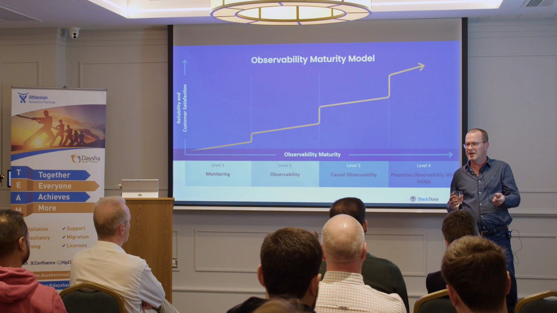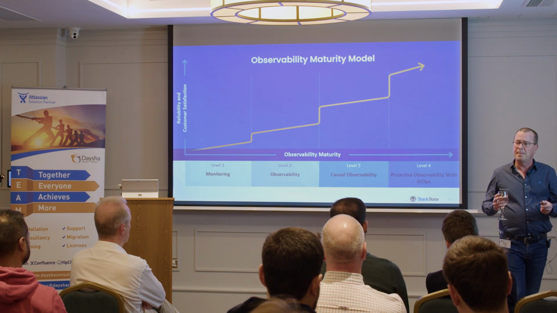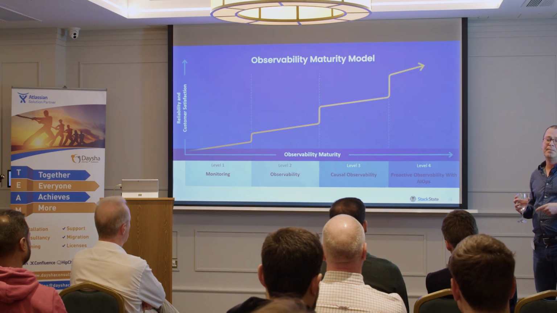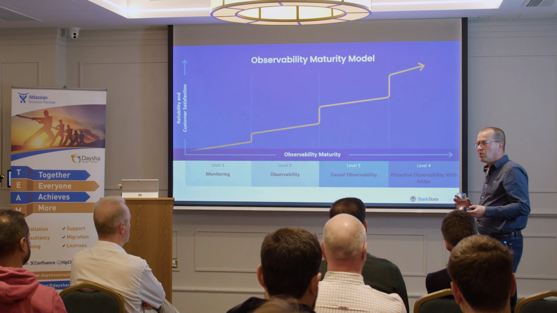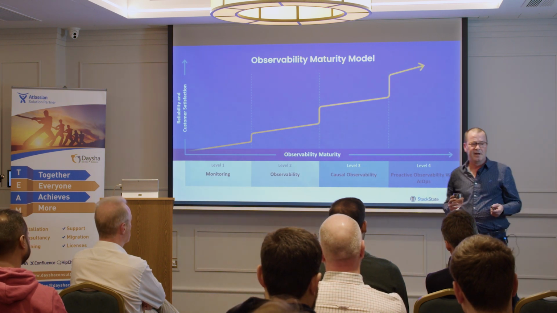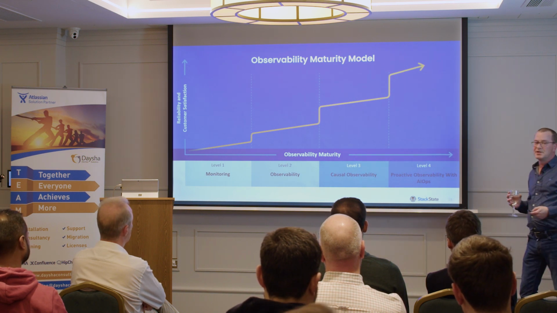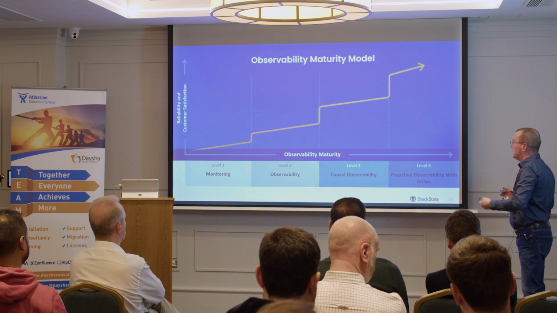And I ask, is that a goal, or should it be a means to something? I always say, I'd rather have a not so good algorithm applied to a very good subset of data than a very good algorithm applied to a bad subset of data. And this is where I believe causal observability is the place we should go, actually have that in place before we can move to that world.